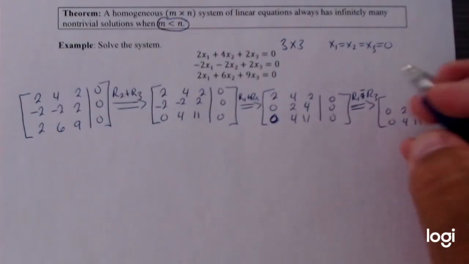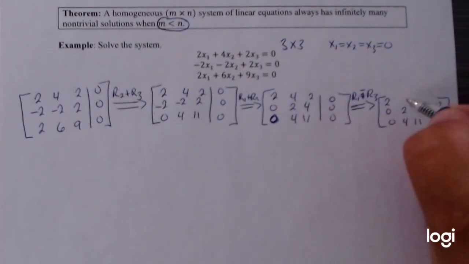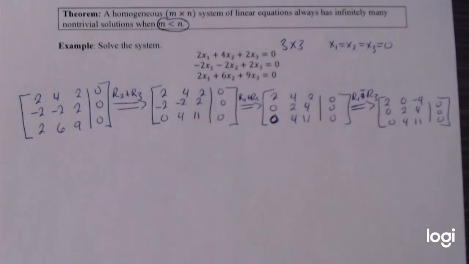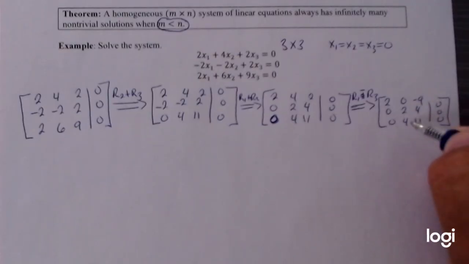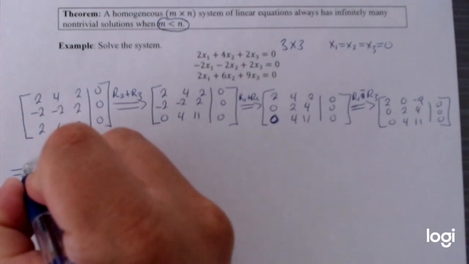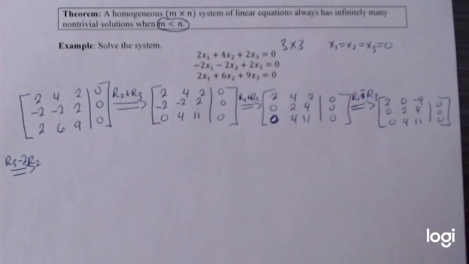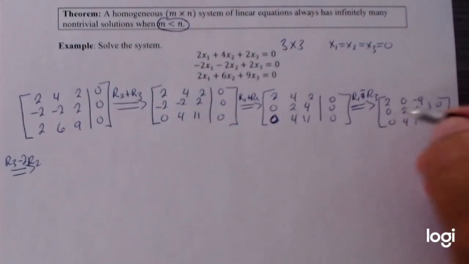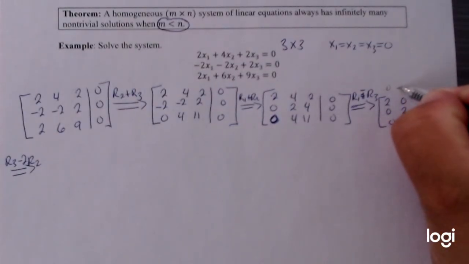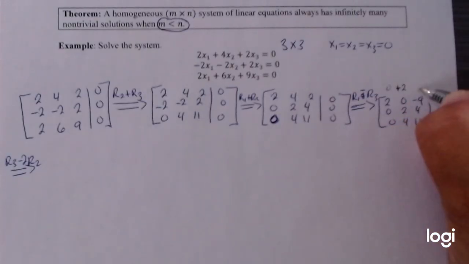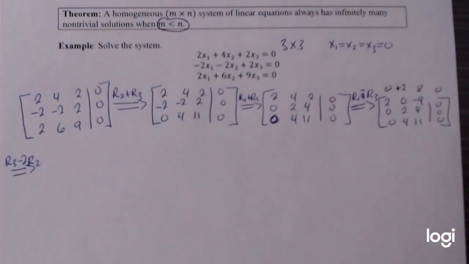So this minus this, that minus that, and that minus that gives me that. Alright, let me get rid of these. So multiply this by -2. So I'm going to do row 3 minus 2 times row 2. If I multiply this by 2, it would be 0, -2, oh, just 2. And then 8, and 0. Keep everything else the same.